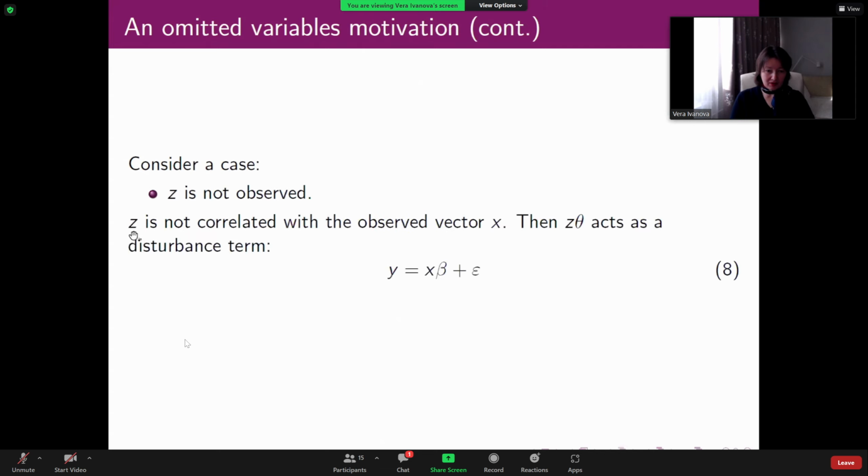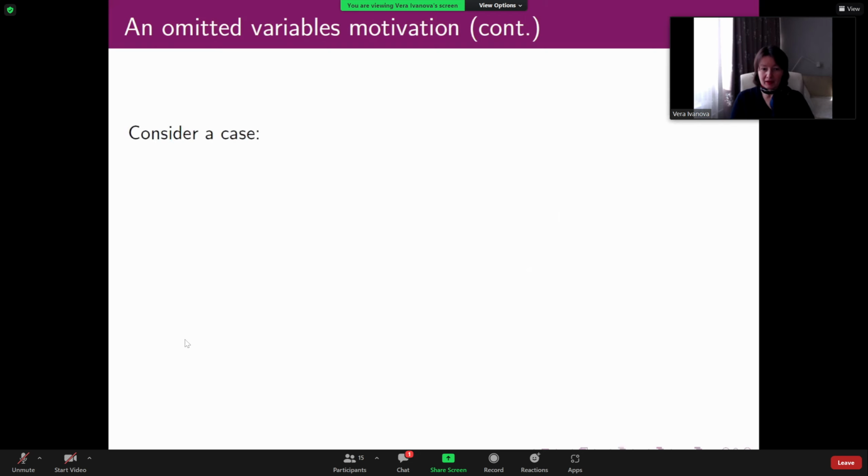Z is not correlated with the observed vector. Then this term acts as a disturbance term. That is the error term. So the omitted variable can be considered as the disturbance term. We get a normal linear model with IID disturbances.